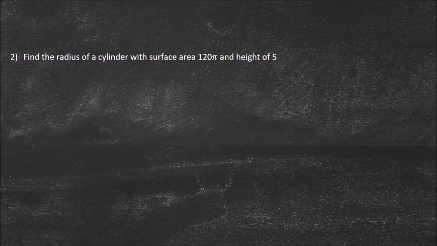So let's look at one more example here. Find the radius of a cylinder whose surface area is 120 pi and a height of 5. So the cylinder has a height of 5 and a surface area of 120 pi. Let's just plug this into our formula. So I've got 120 pi equals, well, I know it's going to be 2 times pi r squared, plus, now I'm going to have 2 pi r times the height of 5.